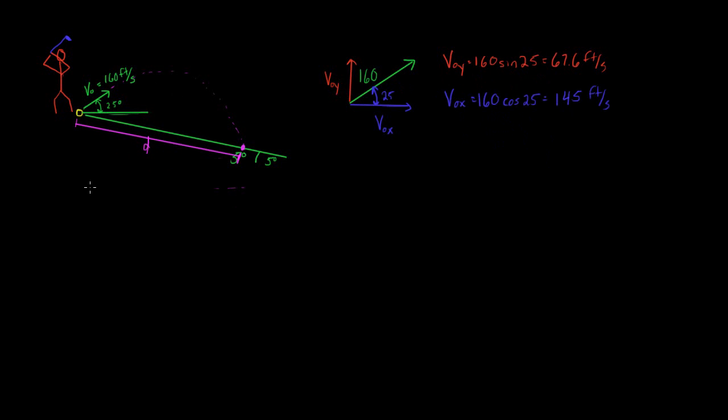What else do we have to figure out? Well, we have to look at this total distance d that the ball travels. This total distance d also has a y component and an x component. The y component has to move down.